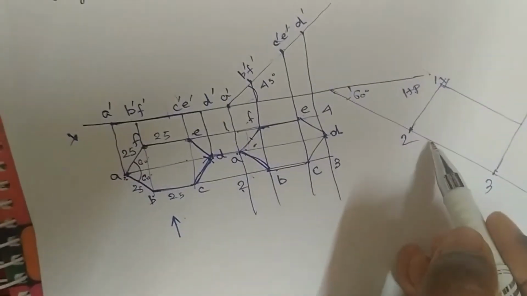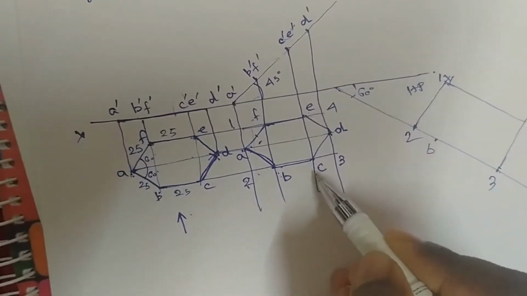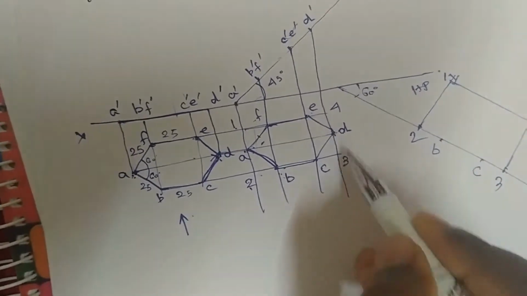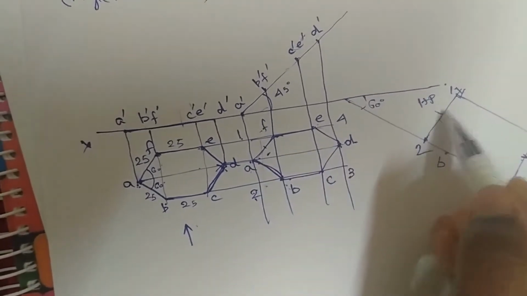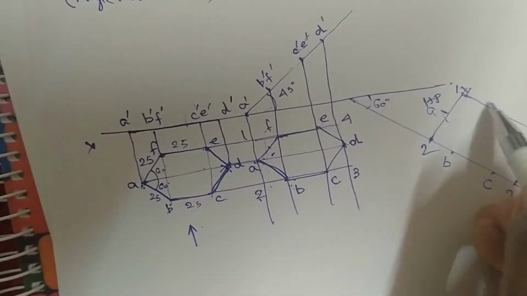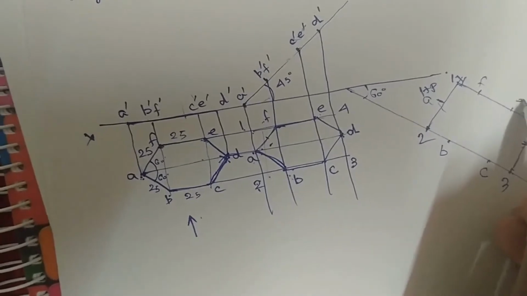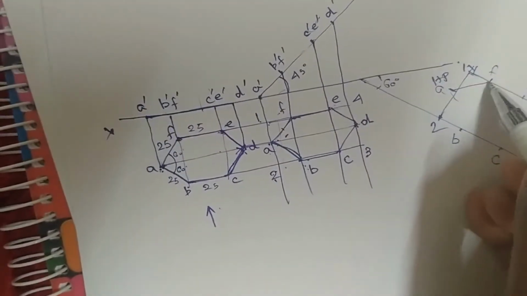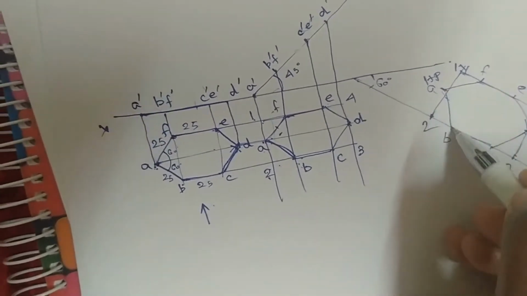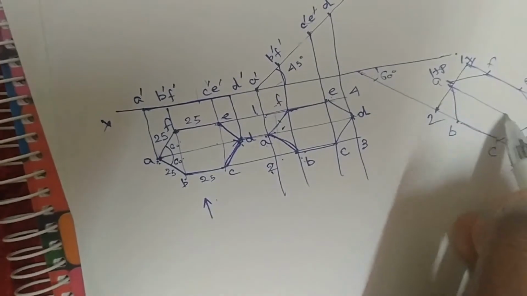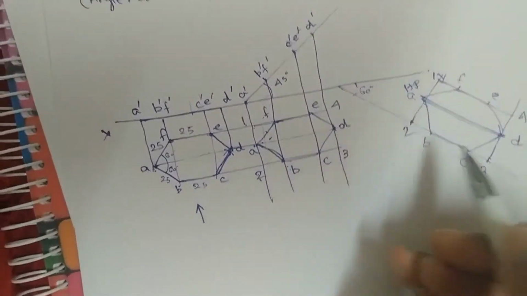After that, we place the other points: 2B, C3, 3D, 1A, 1F and E4. We are going to get our diagonal AD inclined at 60 degrees.